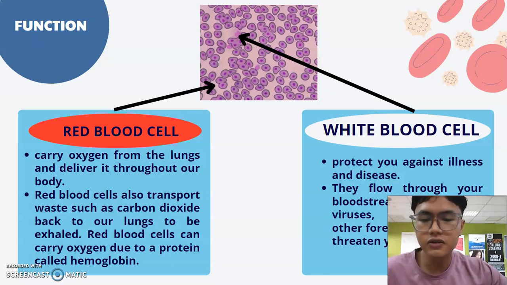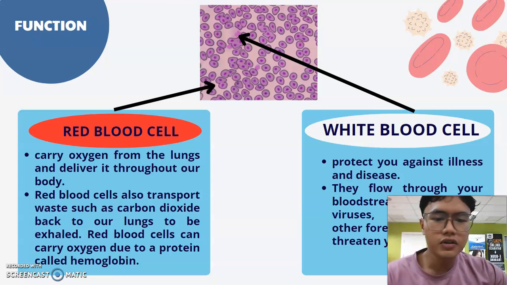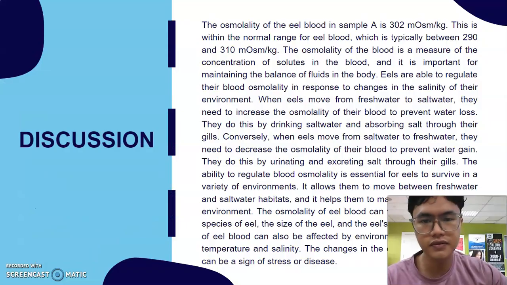Red blood cells also transport waste such as carbon dioxide back to our lungs to be exhaled. Red blood cells can carry oxygen due to a protein called hemoglobin, while white blood cells protect you against illness and disease. They follow through your bloodstream to fight viruses, bacteria, and other foreign invaders that threaten your health.